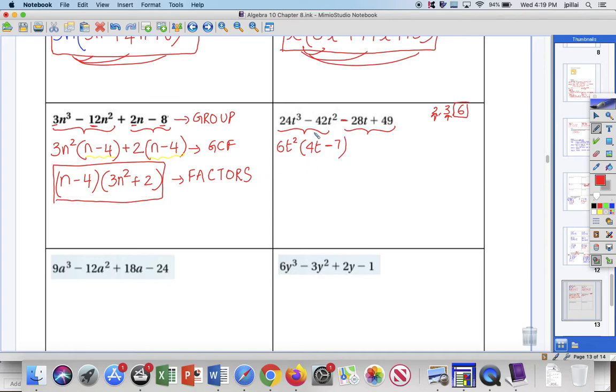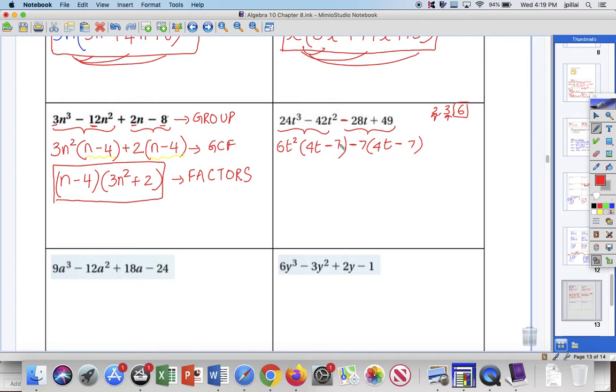Make sense? Now, over here, 28 and 49. That is going to be 7, I think. So minus 7 times 4t, right? Since you have factored out a negative 7, there's going to be 4t minus 7.